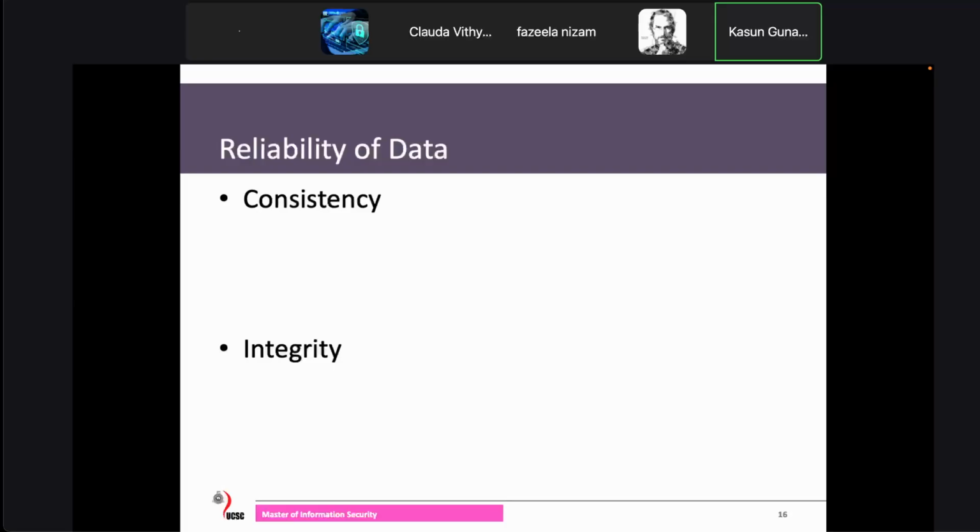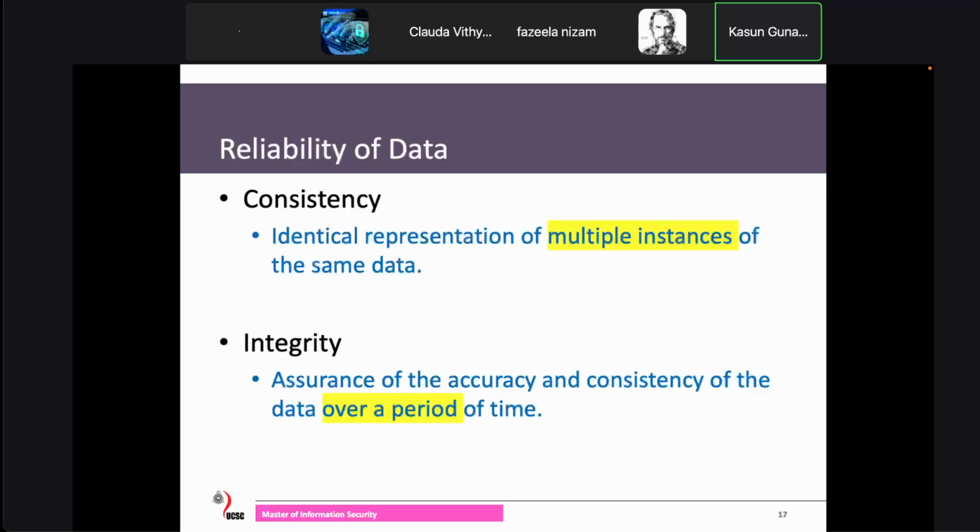Another two important aspects of data are consistency and integrity, right? Those two aspects mainly contribute to the reliability of data. Consistency is mainly about maintaining the right representation among multiple instances.